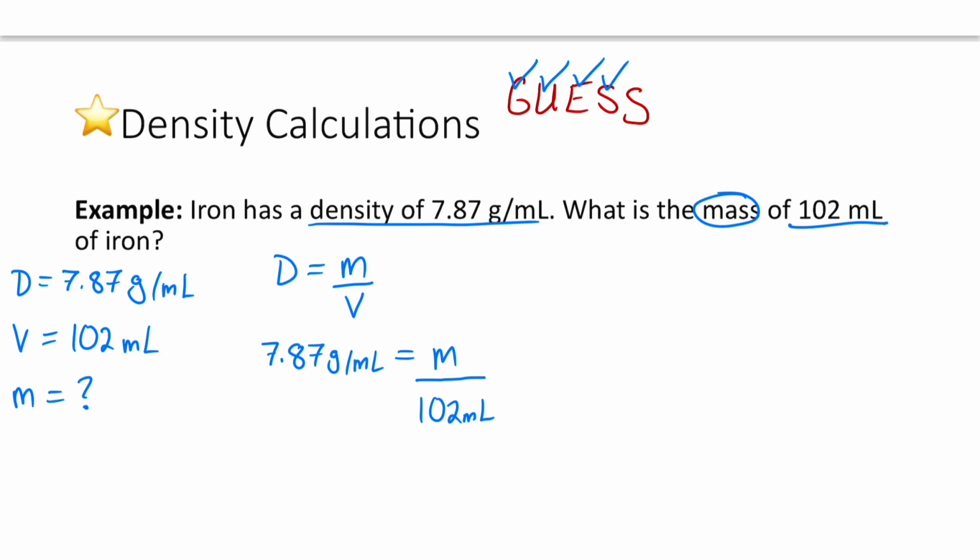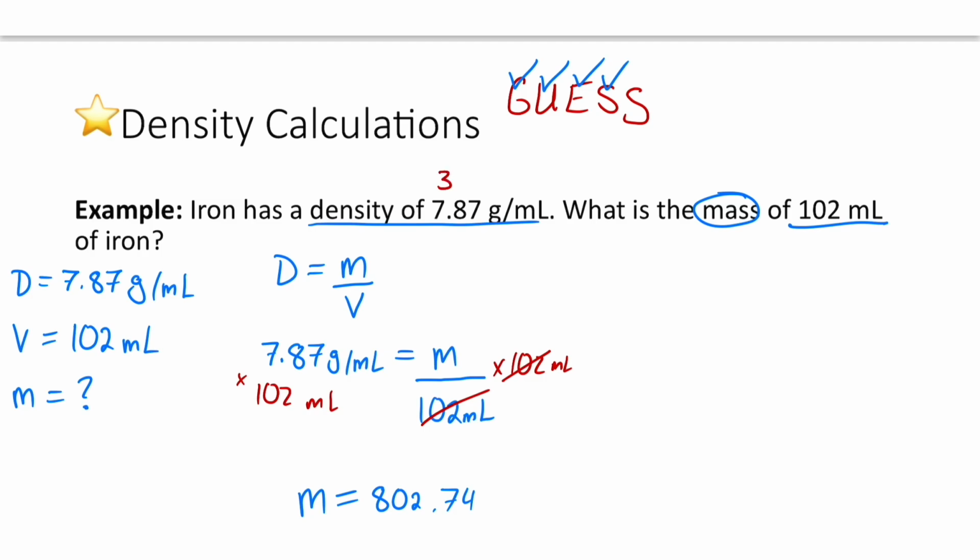Now I've got to solve. Well, I need to get m by itself. So I'm going to multiply both sides by 102 milliliters. And then that should give me my mass. But again, we have to think about sig figs in our final answer. We multiplied, so we're rounding to fewest total.